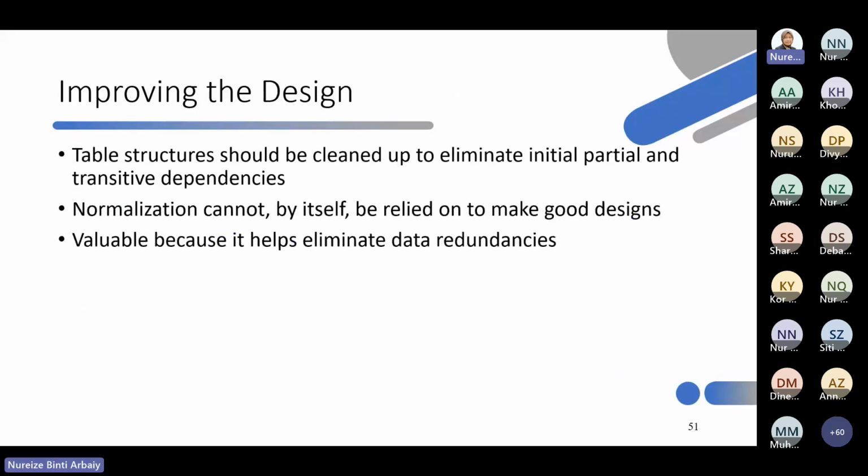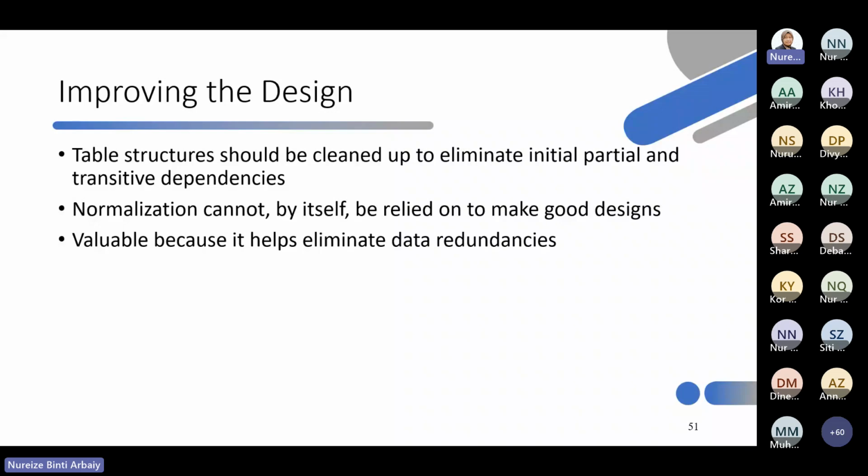Okay, so improving the design. What you do is improve the design structure of the database. The table structure should be cleaned up to eliminate initial, partial, and also transitive dependency. Normalization cannot by itself be relied on to make a good design, because it eliminates only data redundancy.